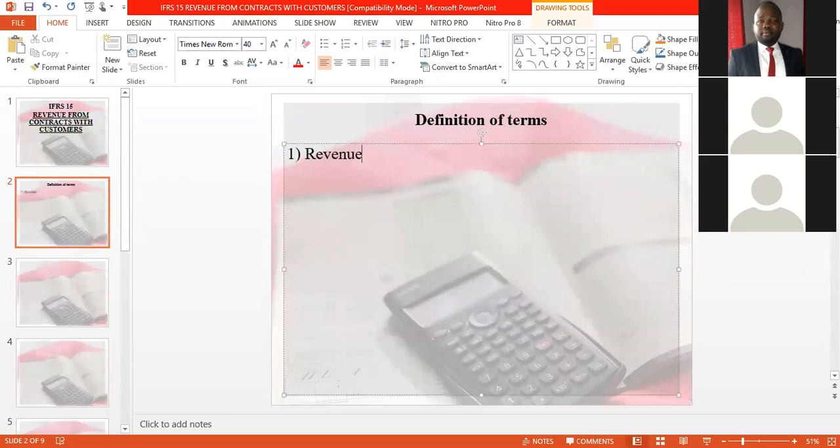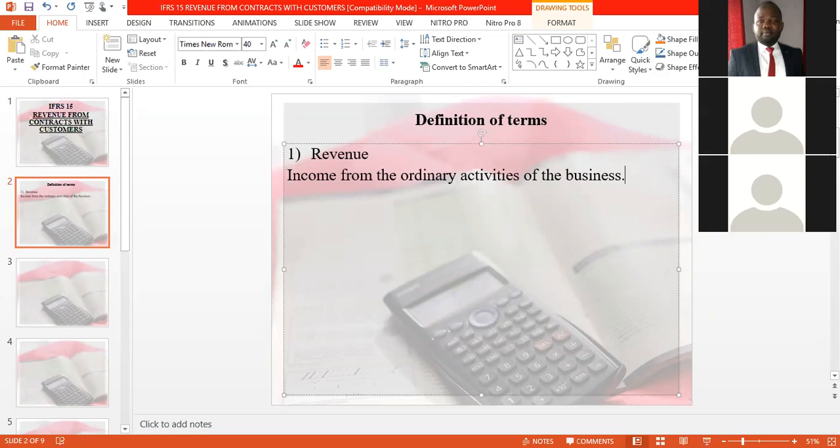Revenue. When we talk of revenue, remember we said revenue was from chapter 1, the conceptual framework. Revenue is income from the ordinary activities of the business.